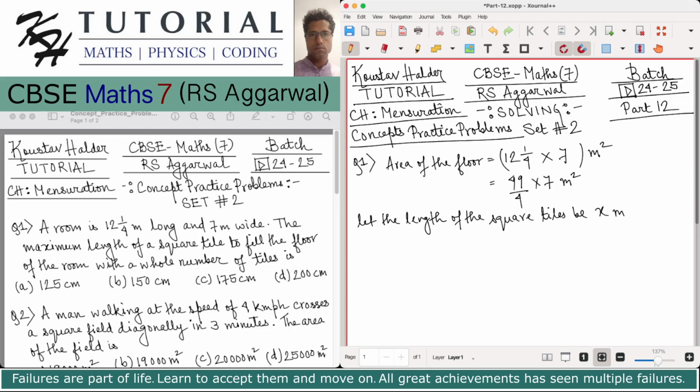So the problem is asking what will be the maximum size of the square tile, so that it can fill the floor of the room with a whole number of tiles.